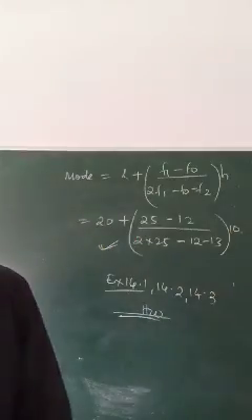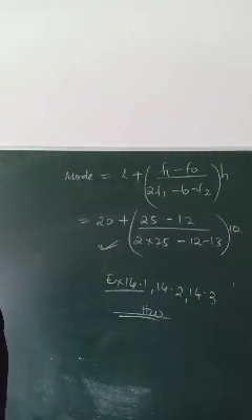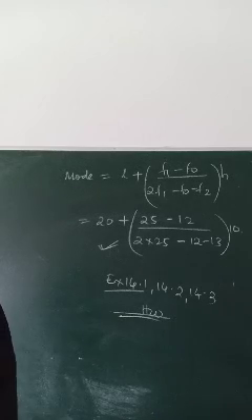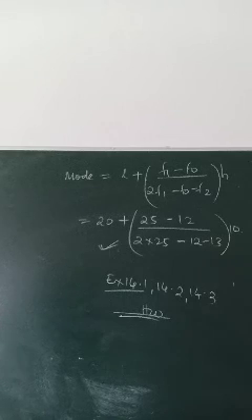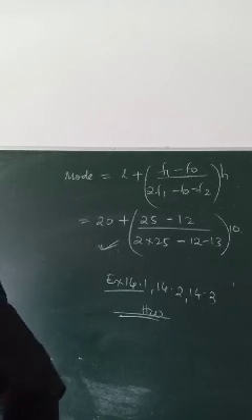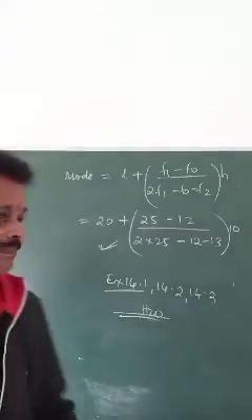So one more question I want to tell you here: relation between mean, median, and mode. That is one important question I want to tell you. Okay, so there is a relation between mean, median, and mode.